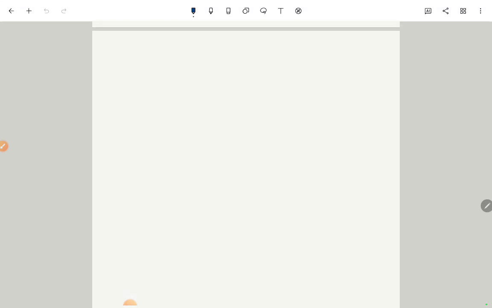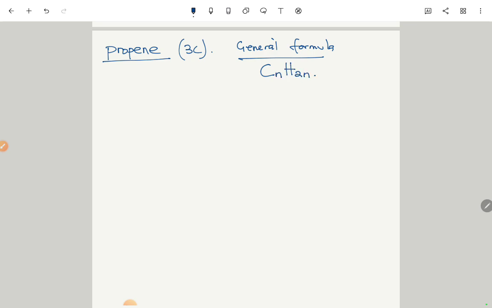Suppose you are given propene. So propene, remember prop means there are 3 carbon atoms. Then from the general formula for the alkenes, we know that it is C subscript n, H subscript 2n, where n is equal to the number of carbon atoms.